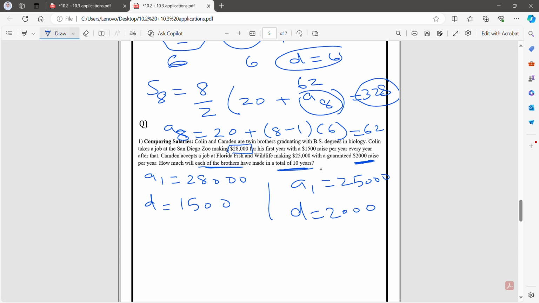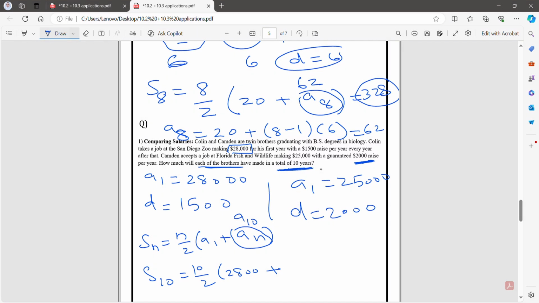So first we need to find the sum here. What will be here? Sn, because again it's an arithmetic sequence. Sn equals n over 2 times A1 plus An. How many years? 10. So 10 over 2, A1 is 28,000 plus An, which here means A10, because 10 years.